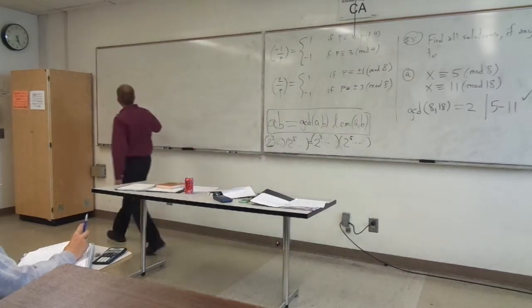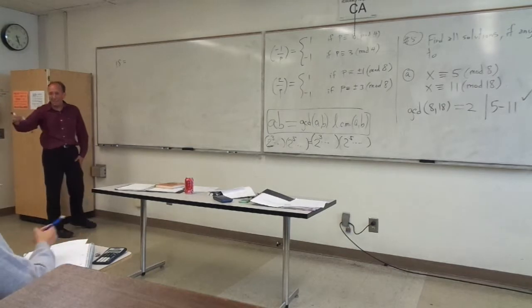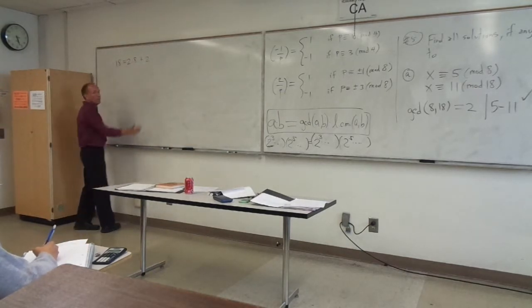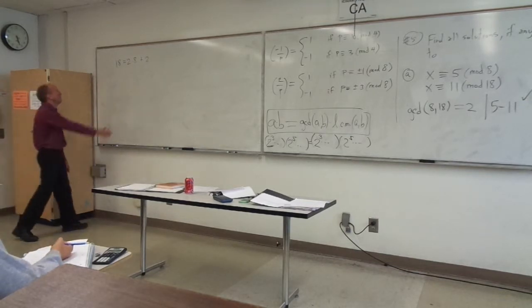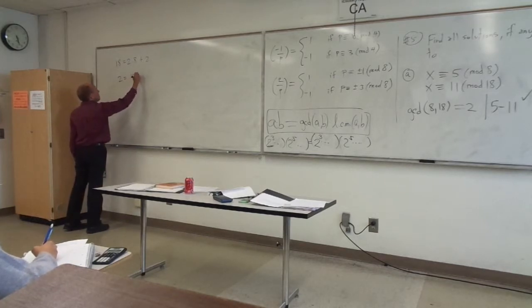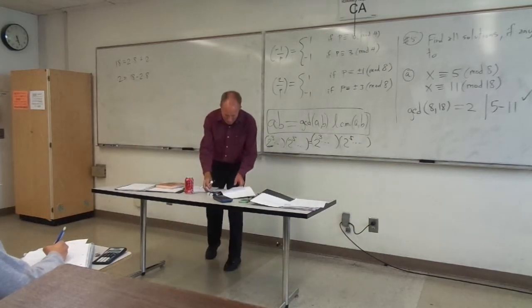Let me remind you about that. You do the Euclidean algorithm with 8 and 18. So 18 is 2 times 8 plus 2, and you're done. So the 2 is 18 minus 2 times 8. All right. Beautiful.